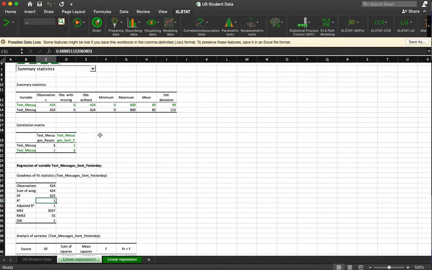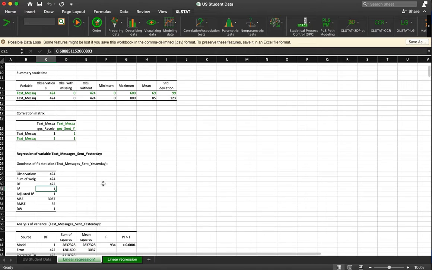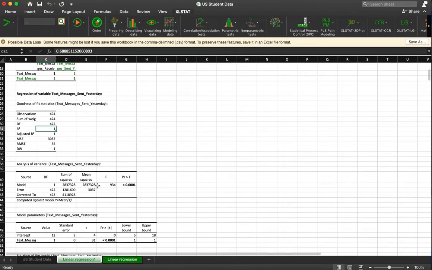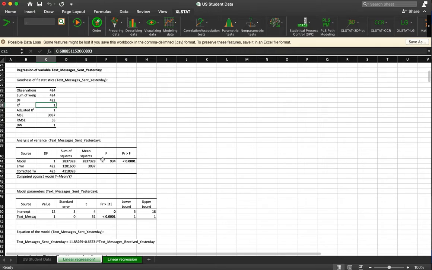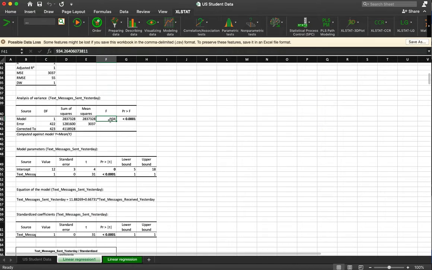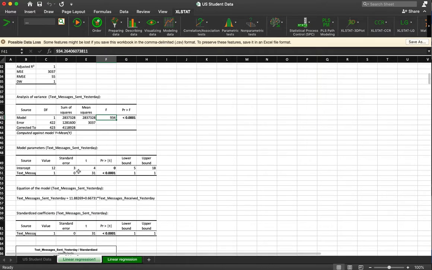Okay, so the proportion of variance that's explained by this model is much higher than what we just saw. So 68% of the variance in the model can be explained by this. You have a very different result. The probability that the coefficients here are equal to 0 is very low. That's good.